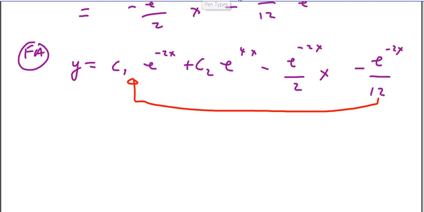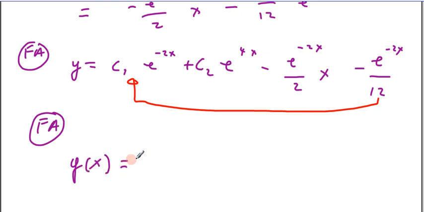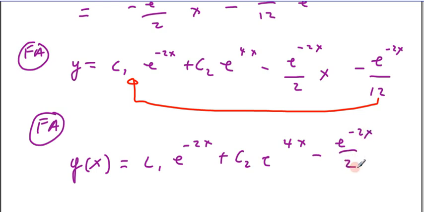And so my final answer, y of x, is going to equal c1 e to the minus 2x plus c2 e to the 4x minus e to the minus 2x over 2x. And if I check that, I will find out that it works.